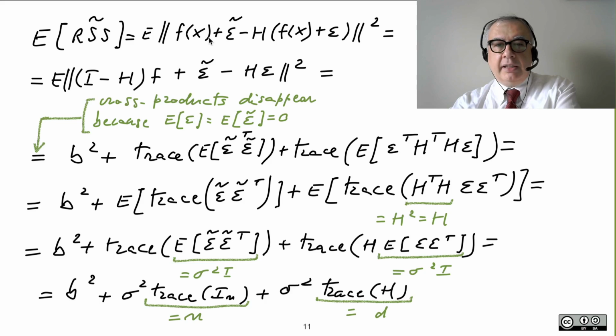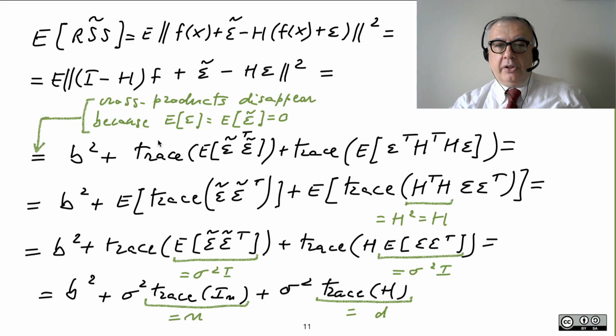So these are the test responses, and this is the prediction that I obtain using my linear regression method. Here I collect the f term that appears here, and I have I minus H. But I cannot collect epsilon as I did before, because here I have epsilon tilde, that is the noise in the new test data, and epsilon, that is the noise in the training data. So they must be kept distinct.